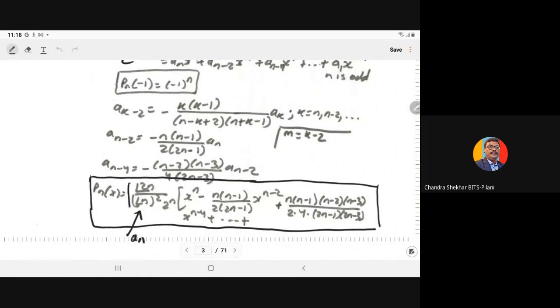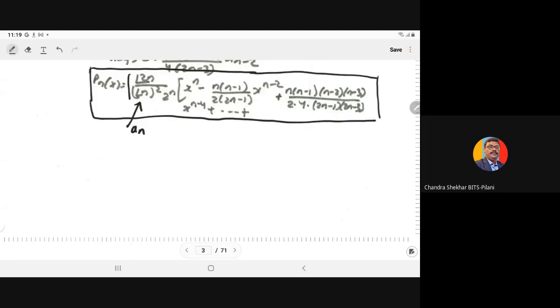This is your a_n, right? This is your a_n, factorial 2n upon factorial n whole square into 2 to power n. So using this a_n, we can compute the a_n into factorial n.